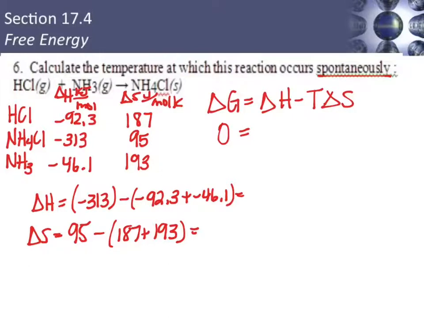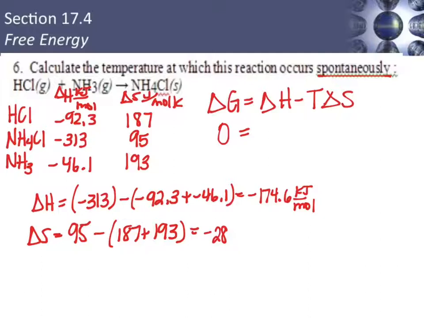You have a question, or you're good? Okay. What did you guys get for delta H? Negative 174.6, and that is kilojoules per mole. What did we get for delta S? Negative 280.